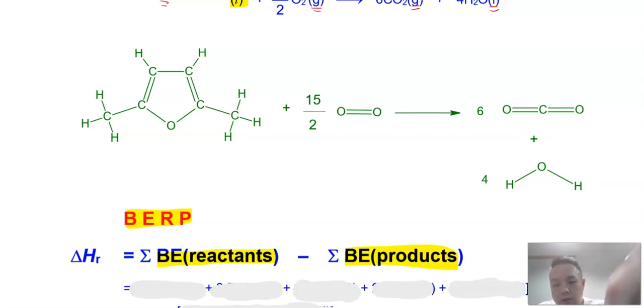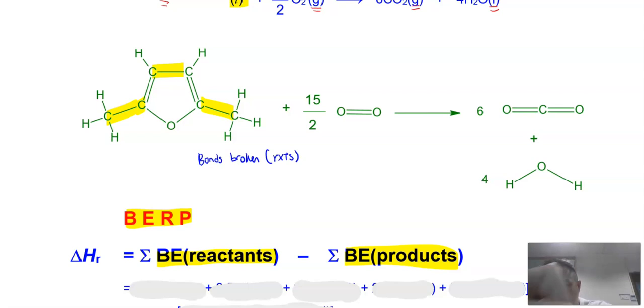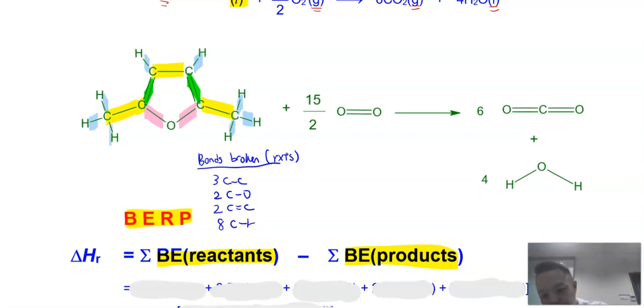Okay, so a quick way to do this question is to consider all the bonds that are broken. And this is typically all in our reactants. So check what are the bonds that are broken. In this case, you have carbon-carbon single bond, carbon-carbon single bond, carbon-carbon single bond, total 3 CC single bonds, 2 CO single bonds, 2 CC double bonds, and then total 1, 2, 3, 4, 5, 6, 7, 8 CH bonds.